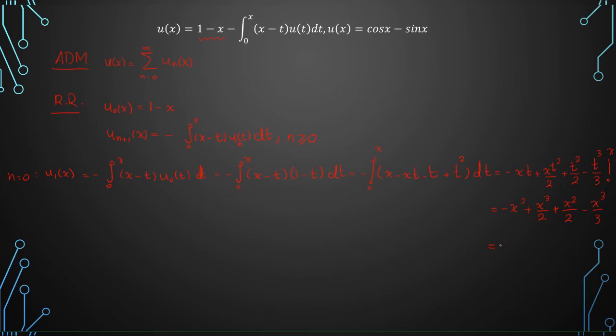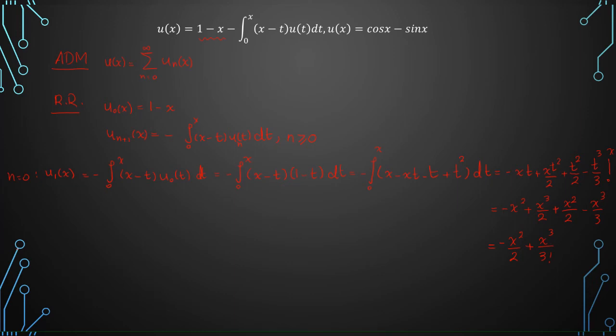This will give us minus x squared over 2. And we have x raised to 3 over 2 and minus x raised to 3 over 3. And this will give us plus x raised to 3 over 3 factorial, which is 6.